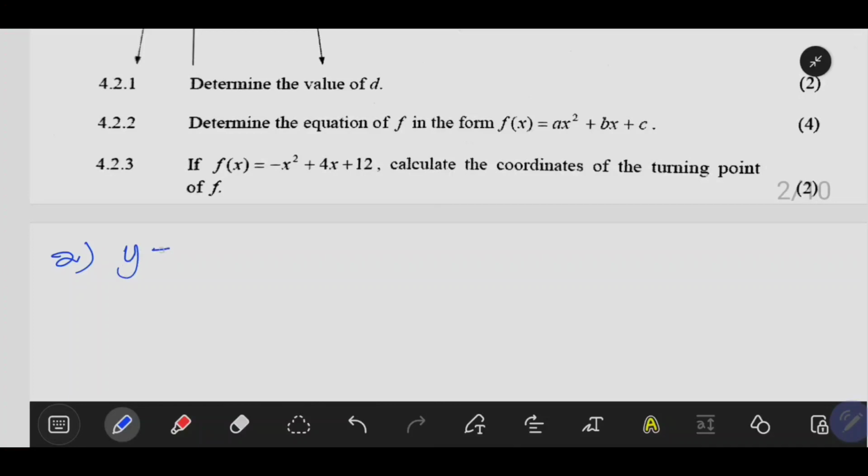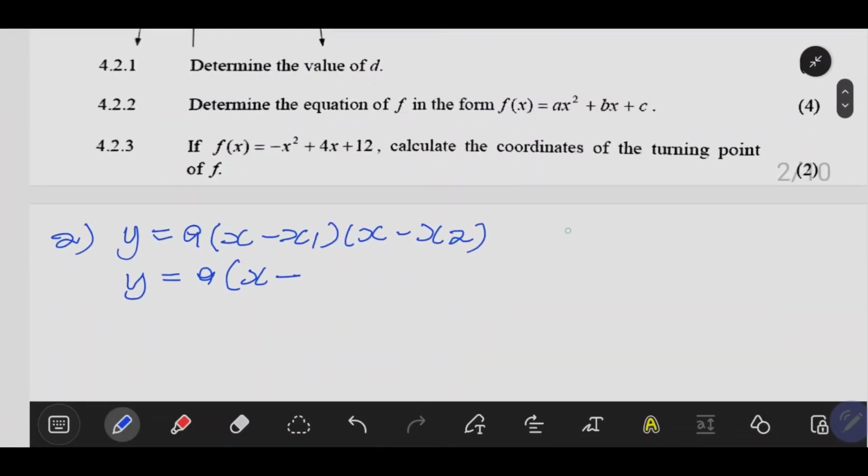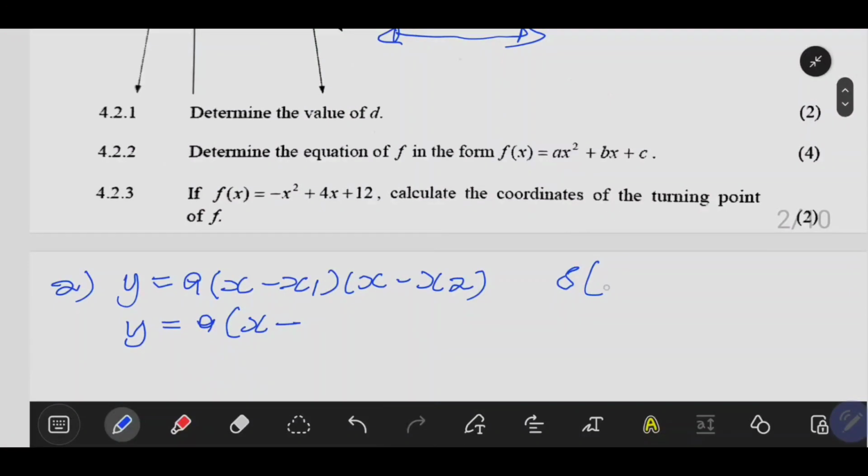We say y equals a into (x minus x1), then (x minus x2). Then y should be equal to a into (x minus ...). Our coordinates of the x-intercepts are s, which is (negative 2, 0), and then t, which is (6, 0).